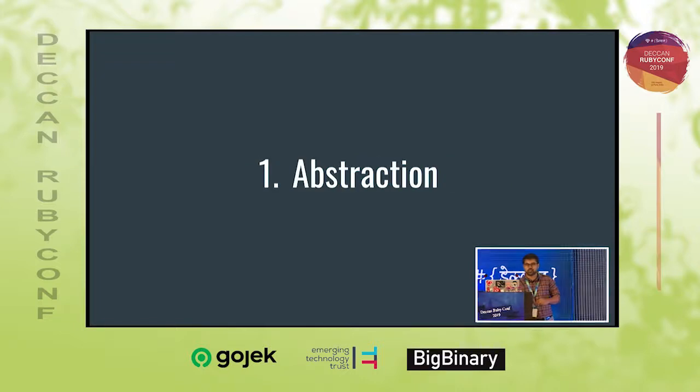So let's start with Ruby first. What are the issues with Ruby? Let's try to understand how Ruby memory works, and what are some of the things that create these huge memory issues. First is the abstraction. When you are writing C programs, you are yourself responsible for using the malloc function and allocating the memory for your own use, and then you are responsible for releasing that memory back to the operating system.